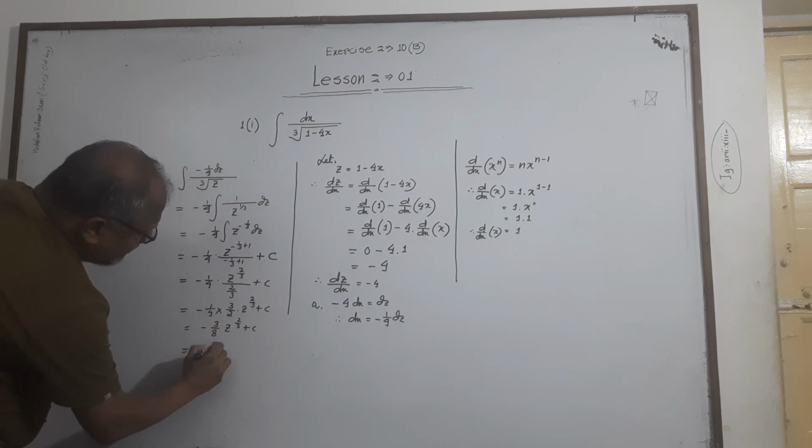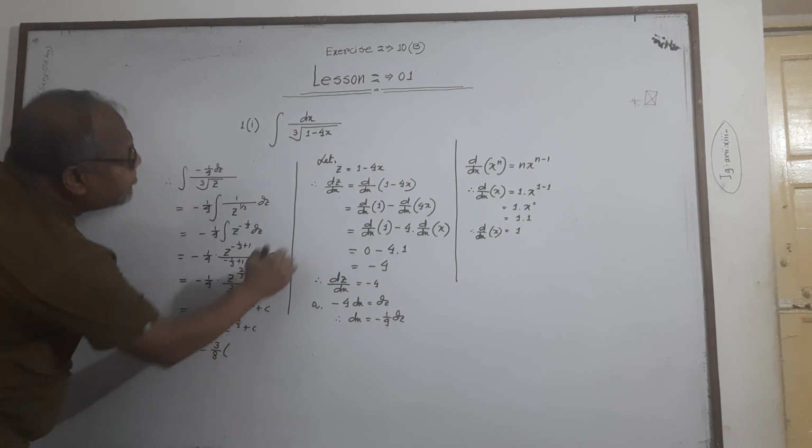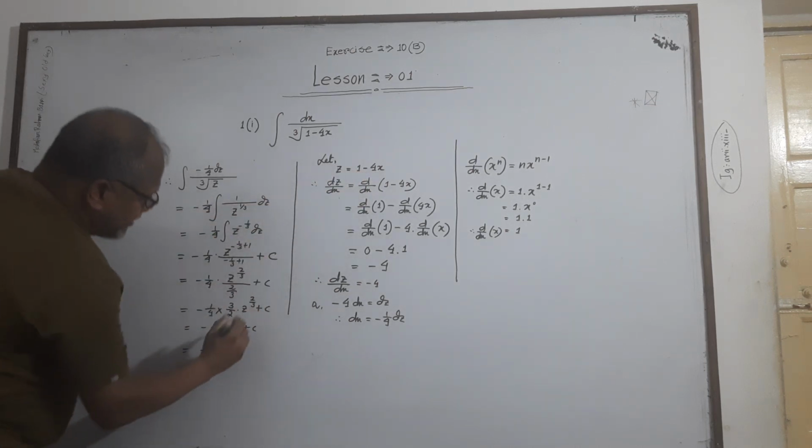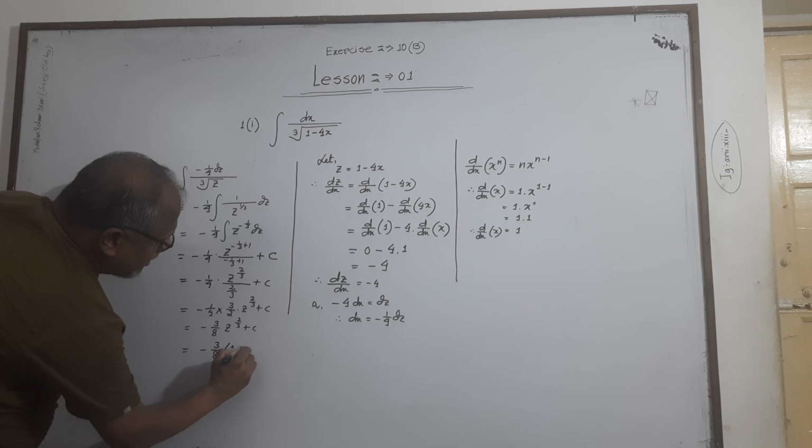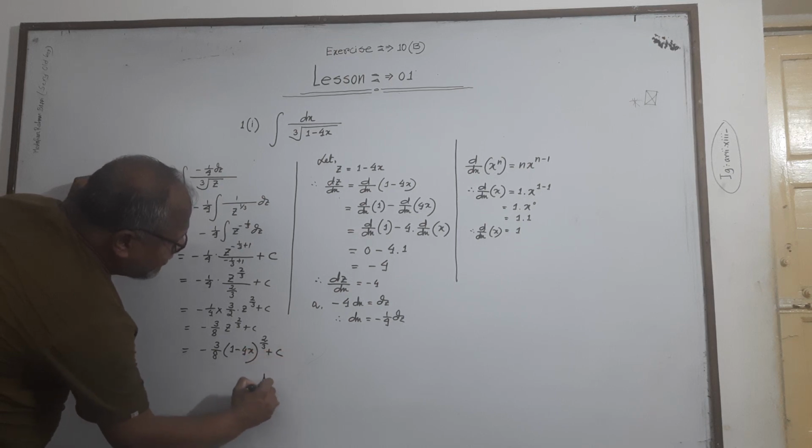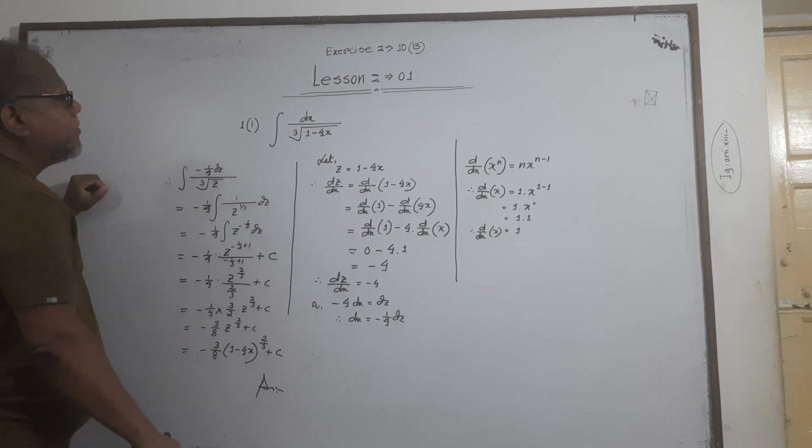Now I am going to put the value of z again. So minus 3 by 8, where the value of z is 1 minus 4x, so 1 minus 4x whole to the power 2 by 3 plus c, and this is the answer.